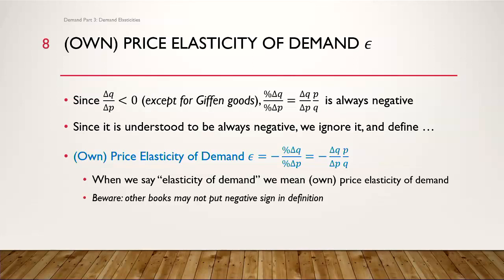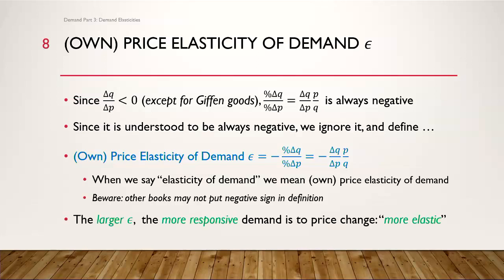Some books or studies may leave the negative sign in. But that's not difficult to pick up on. If you leave the negative sign in, then it's always going to be negative for all the elasticities. If you drop the negative sign, then it's always going to be a positive number, because they're always the same sign. So it's clear one way or the other. It doesn't matter whether you drop it or not. You should be able to pick up on it right away.